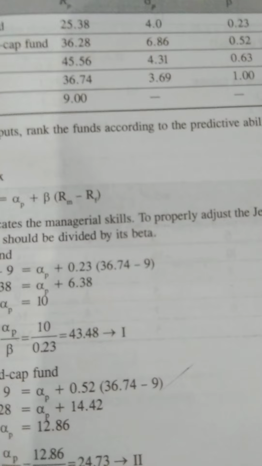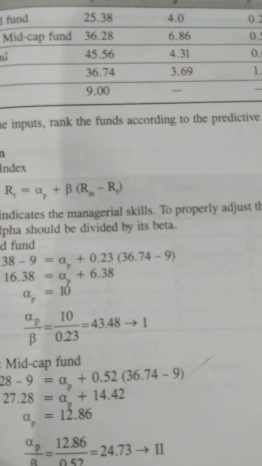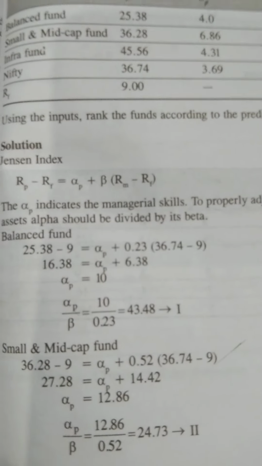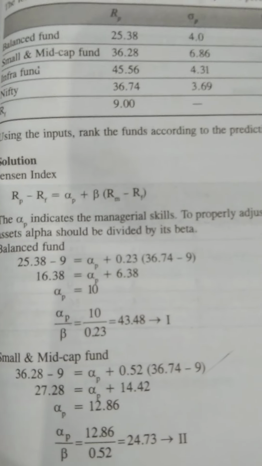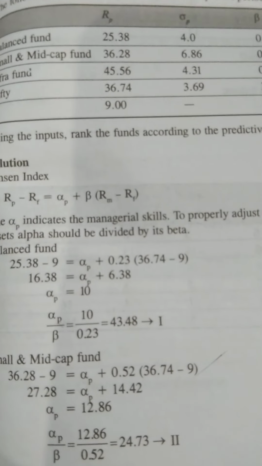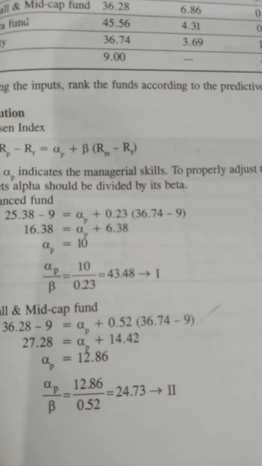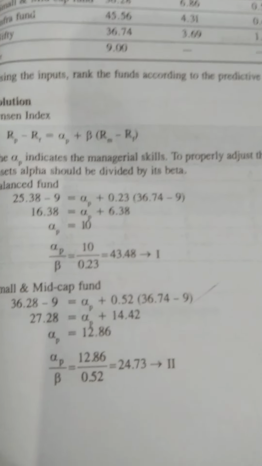Then Rm minus Rf, where Rm means the return from the Nifty, is 36.74, and alpha has automatically been calculated. Then what they have done, alpha p by beta, the return is 43.48.